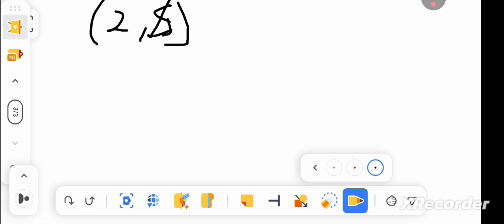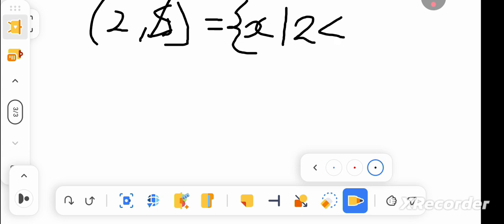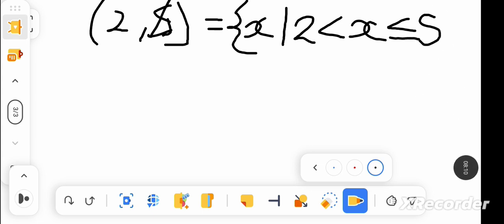So to write that in set builder notation, we are going to say this equals, we open our braces here. So we are going to have x such that 2 is less than x, but x is less than or equal to 8. And then we close like that.